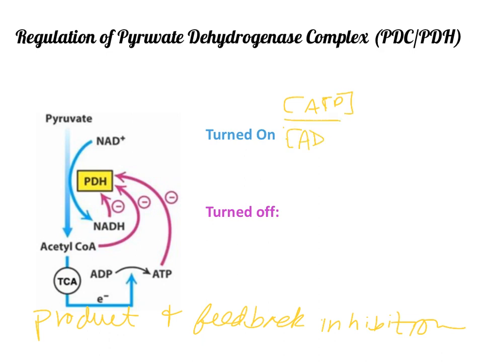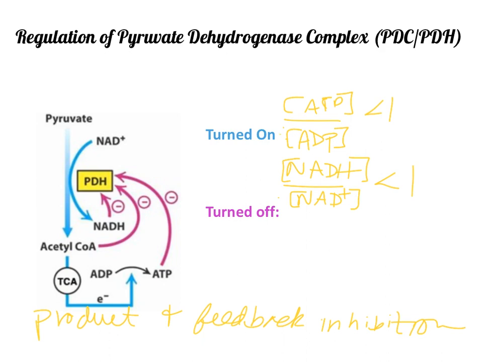I'm just going to put ADP here. When you have a low energy condition, it means you have a lot of ADP, so this will be less than 1. And we're going to introduce NADH here as well, so NADH over NAD plus. And again, these are concentration things, so this is a ratio of the two. And again, these are turned on in low energy conditions, so this is going to be less than 1 because NAD plus and ADP are low energy conditions.